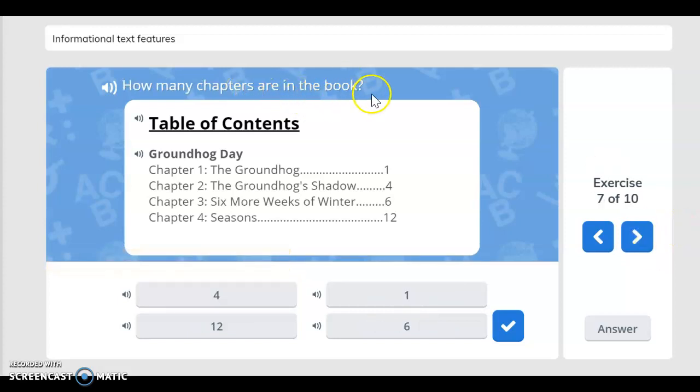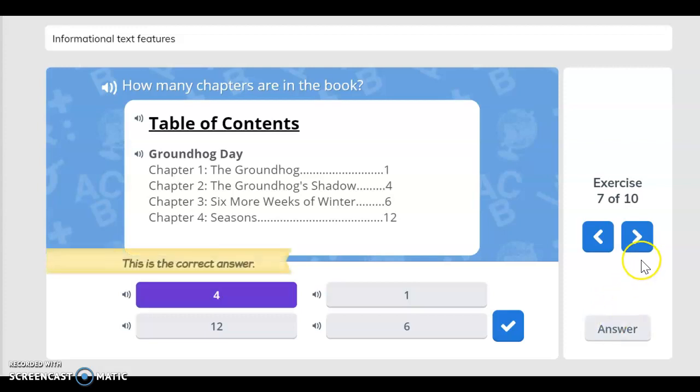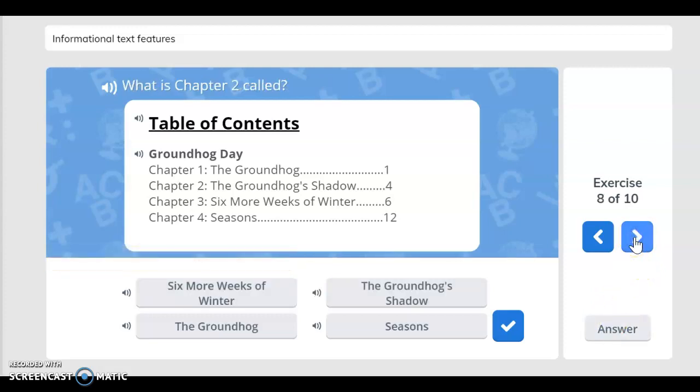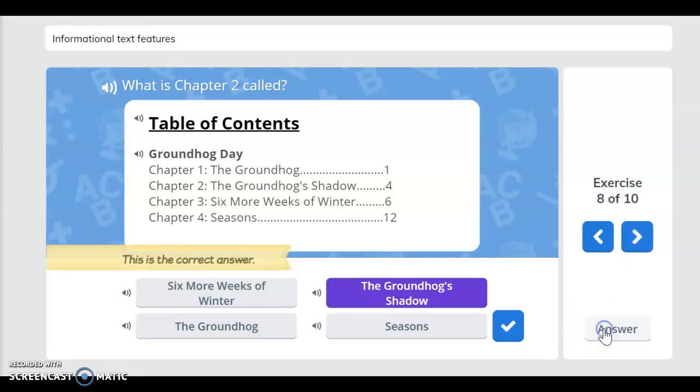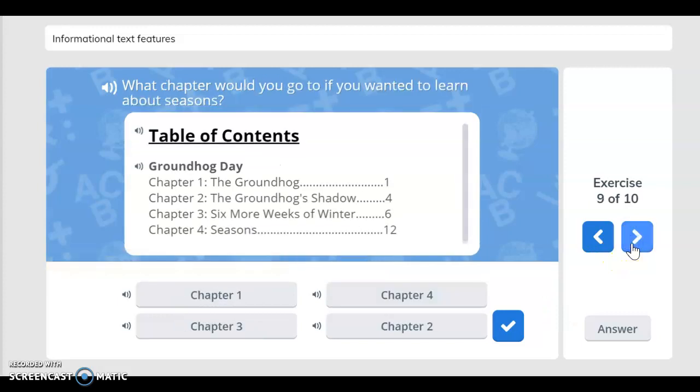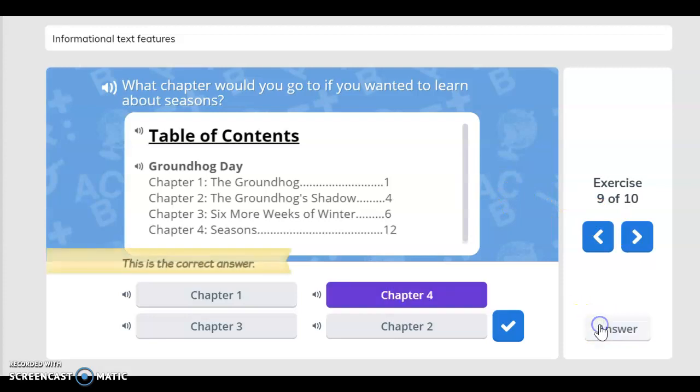How many chapters are in the book? You said 4, you are correct. What is chapter 2 called? The groundhog shadow. What chapter would you go to if you wanted to learn about seasons? Chapter 4.